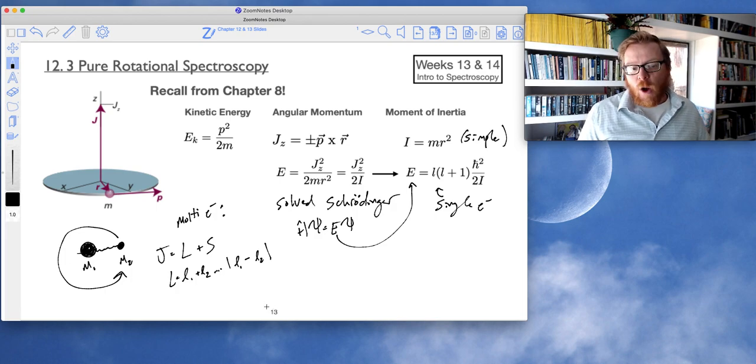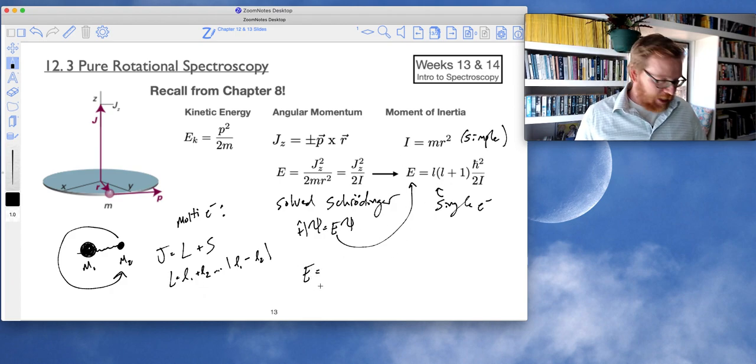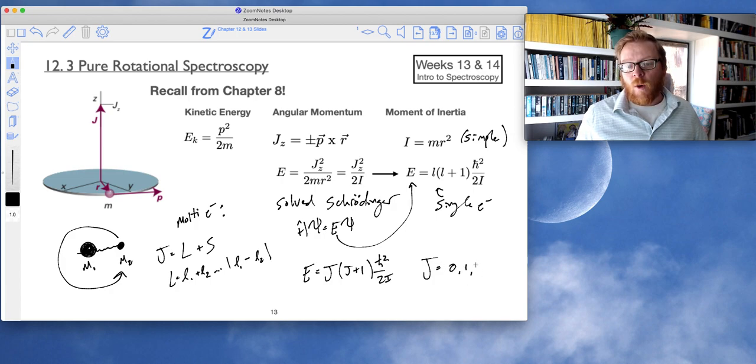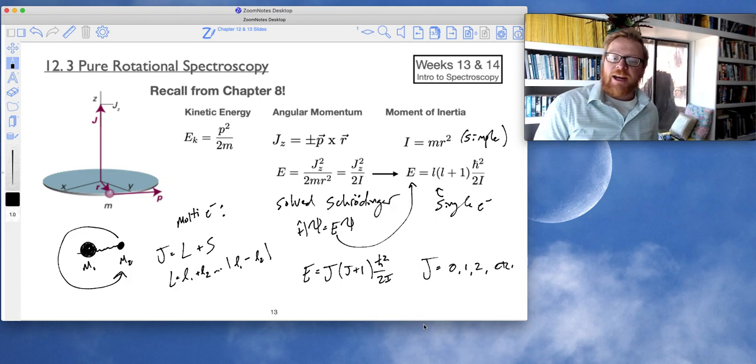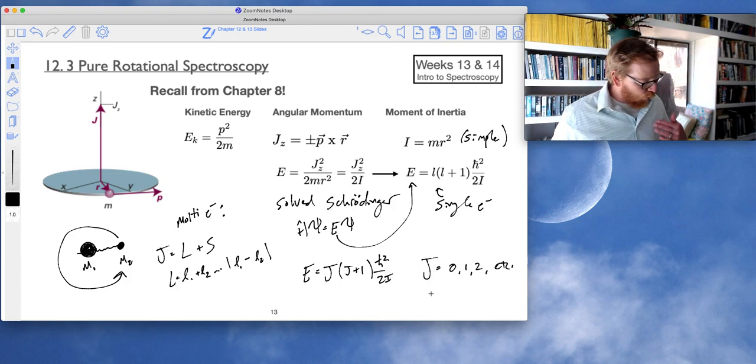So what we can show when we apply this to multi-electron systems is that this solution can simply become E equals J times J plus 1 times h bar squared over 2I, where J can take on values 0, 1, 2, etc. And this J right here is going to represent our rotational quantum number.